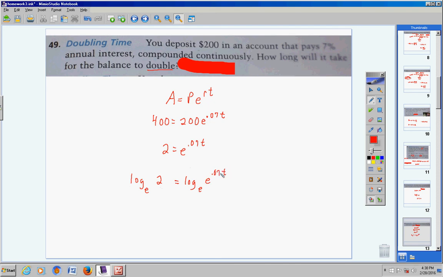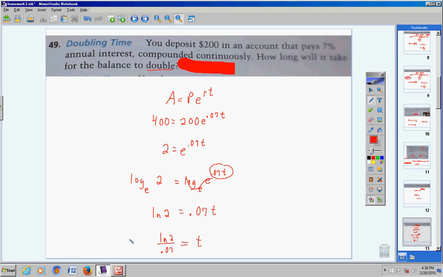On the right side, whenever the base matches the logarithm base, everything's gone except 0.07t. On the left, a logarithm base e means the natural logarithm of 2. Now divide both sides by 0.07, so the natural logarithm of 2 divided by 0.07 equals t.